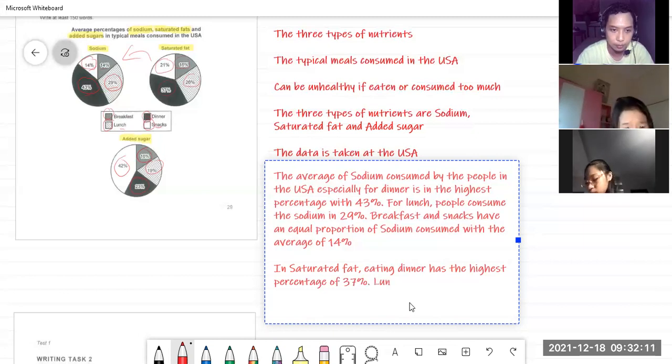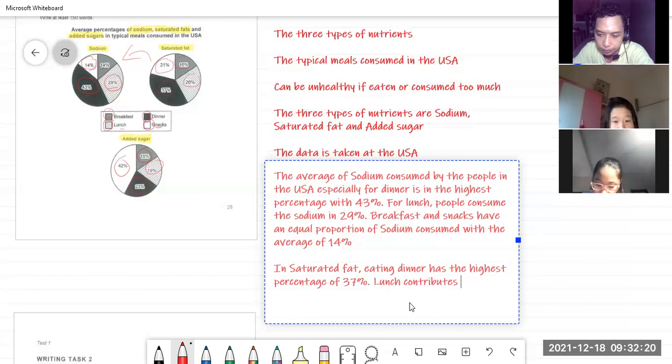And then what else? Lunch contributes. How much does lunch contribute? 26%.